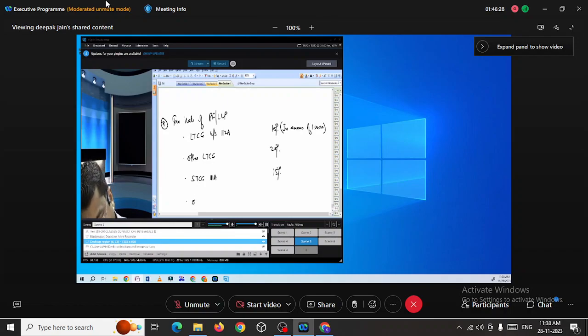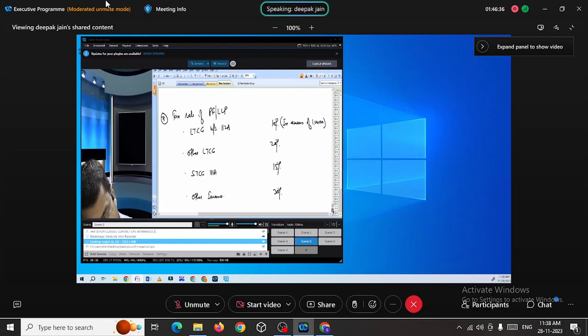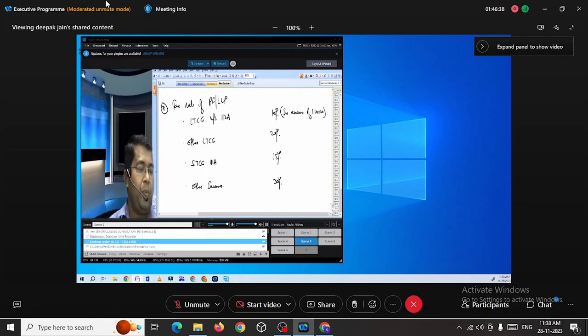Other income is taxed at normal rates. What is the normal rate? 30%.